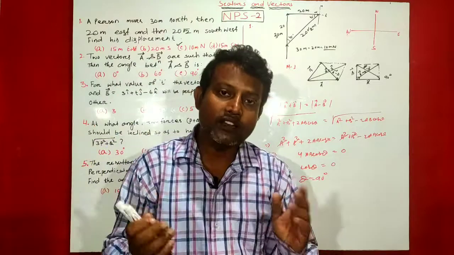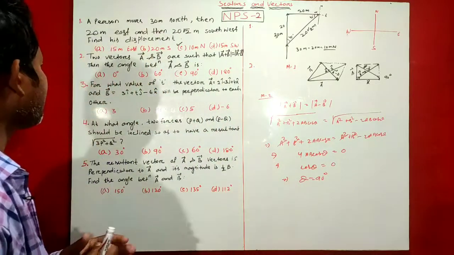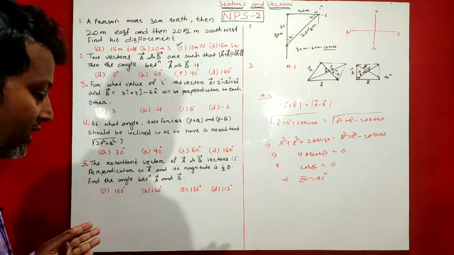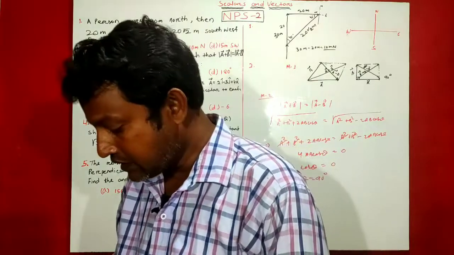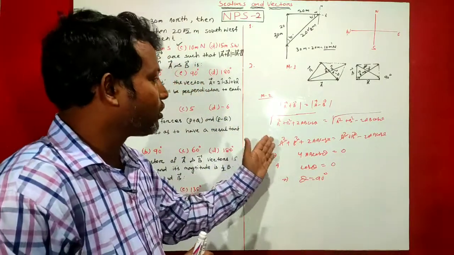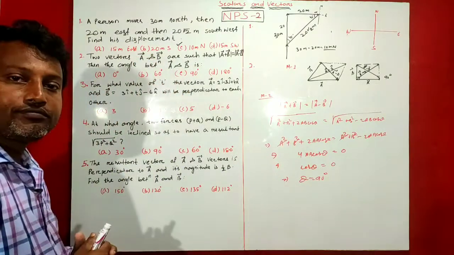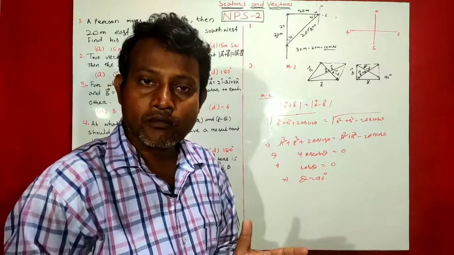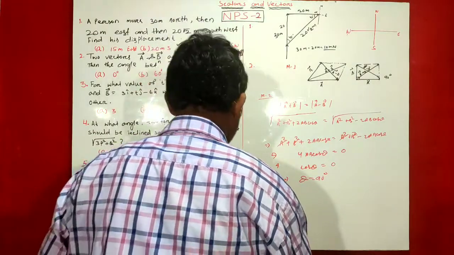Guys, we know that when the dot product of two vectors is 0, then the two vectors will be perpendicular to each other.